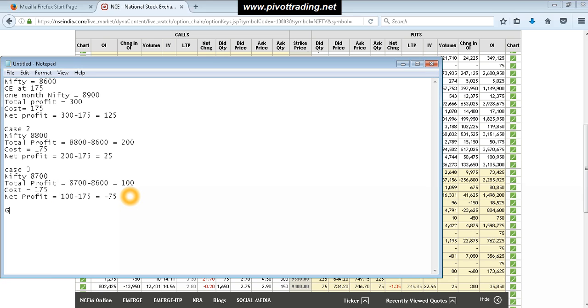Now we will see how to identify the break-even point. Current price is 8600. Your cost is 175.